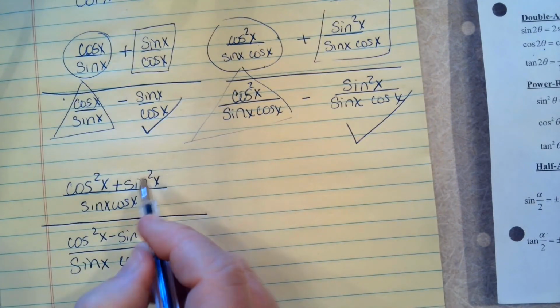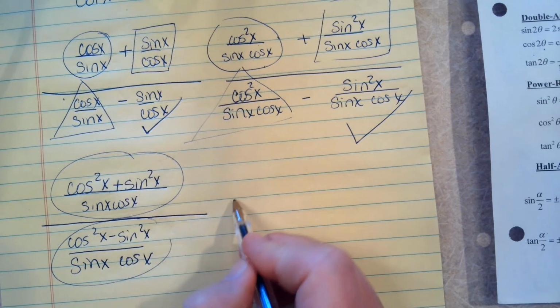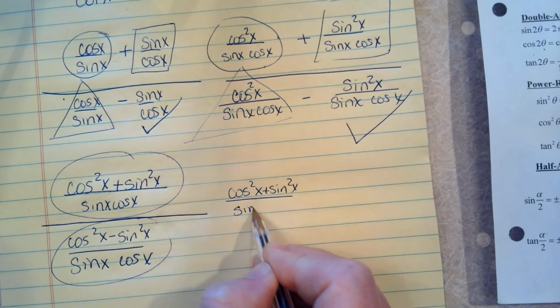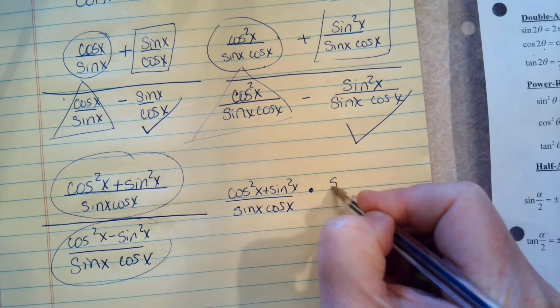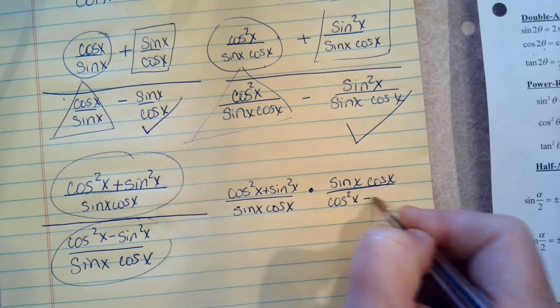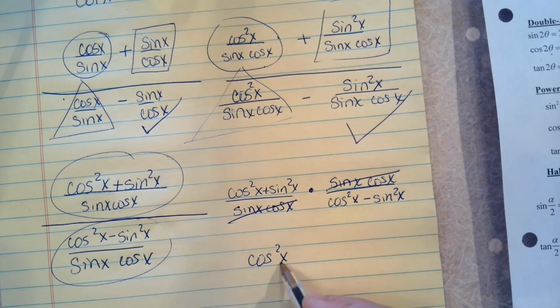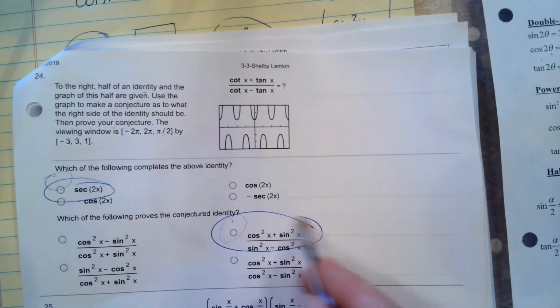Now you realize that I have a fraction divided by a fraction, and divided by a fraction means multiply by the reciprocal. And these are going to cancel, so you're left with cosine squared x plus sine squared x over cosine squared x minus sine squared x, which I believe is the answer choice here.